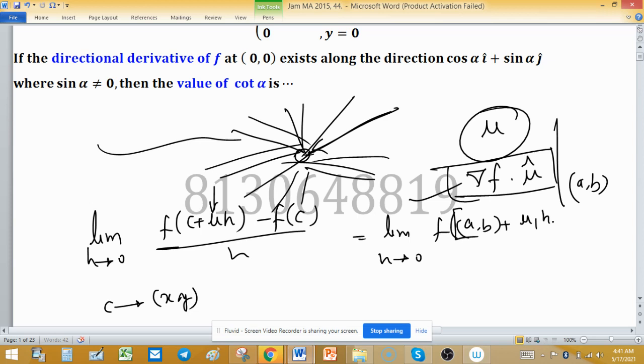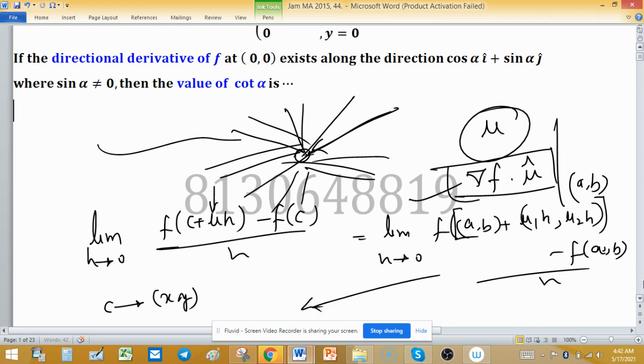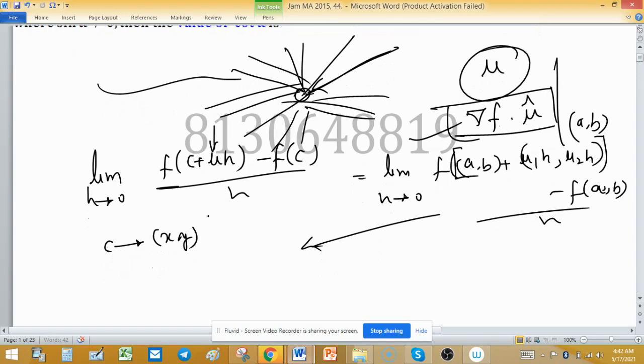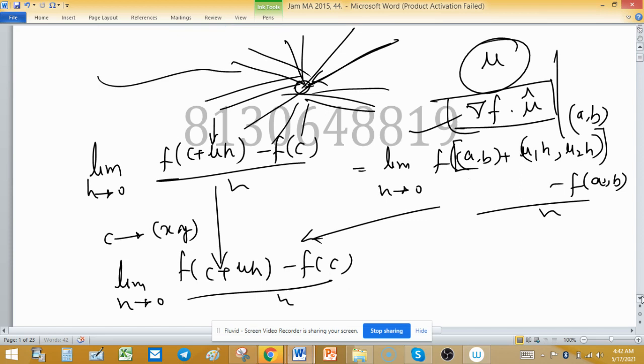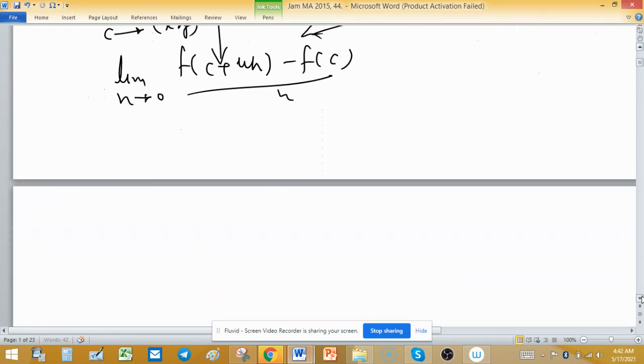So it becomes f of (a plus u1 h, b plus u2 h) minus f of (a, b), divided by h. You can use this concept also, but it is more convenient to remember the structure: limit h tends to 0 of f of c plus uh minus f of c, divided by h.